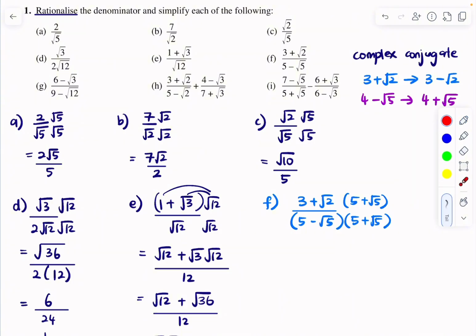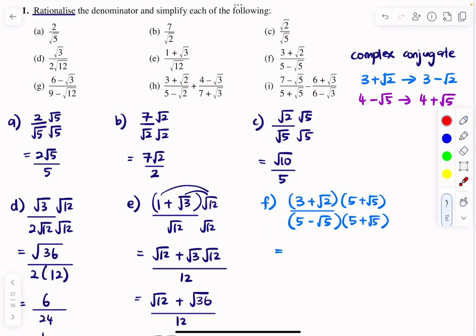Don't get confused and multiply the conjugate of the top. No need. Once you figure out this conjugate, top and bottom you must multiply the same thing. Remember, with fractions you can only multiply the same thing on top and bottom. You cannot do different things, because that's also a common confusion.